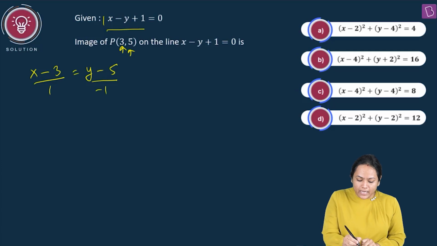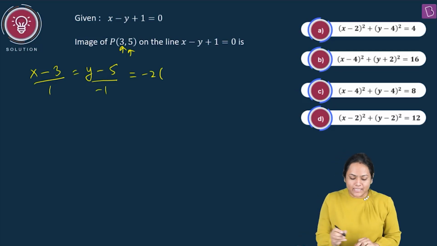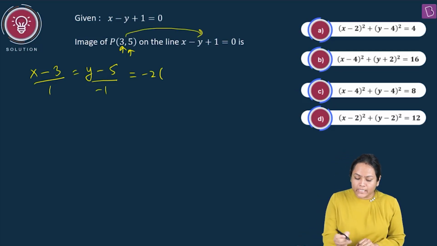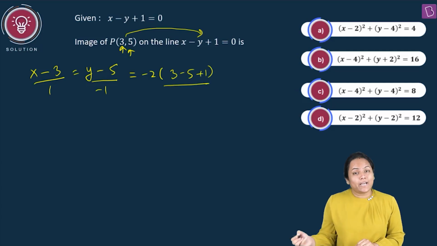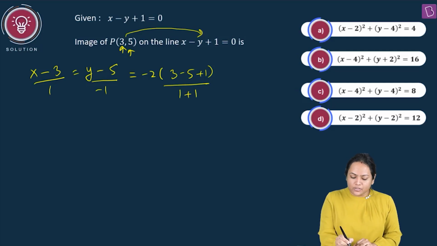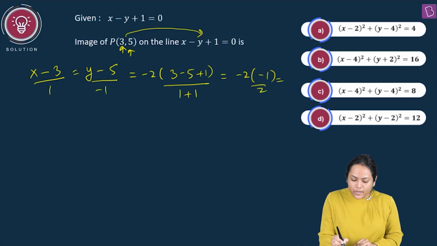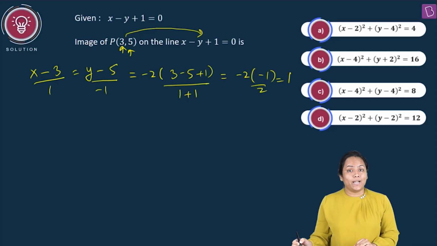And then I'll have minus twice of ax1 plus by1 plus c, divided by a square plus b square. That means I'm going to substitute the point in the line. So it's going to be 3 minus 5 plus 1, divided by a square plus b square, which is going to become 1 plus 1. So this value becomes minus 2 multiplied by minus 1 by 2. The value is actually nothing but 1, right?